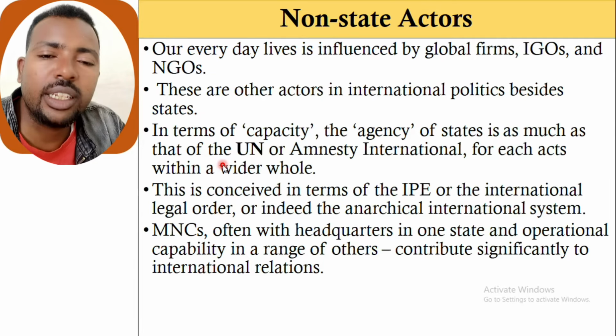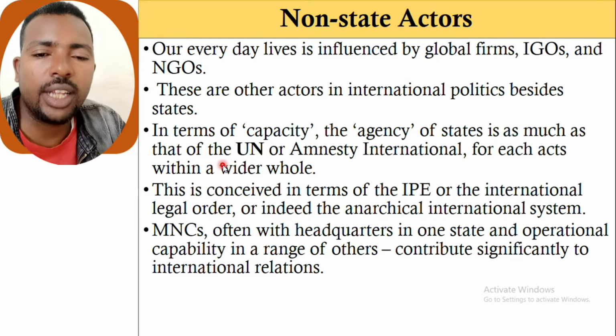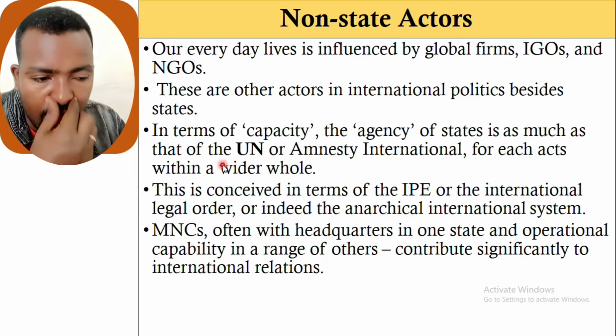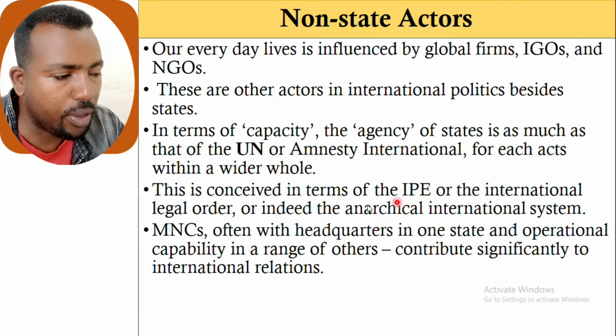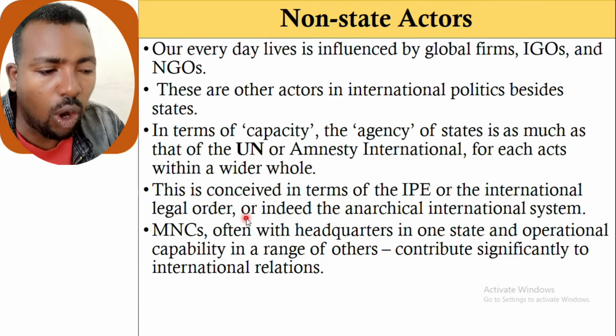So we need the intervention and the interaction of these non-state actors to help us achieve more stable and important world order. This is conceived in terms of, for example, international political economy or the international legal order, or indeed the anarchical international system.